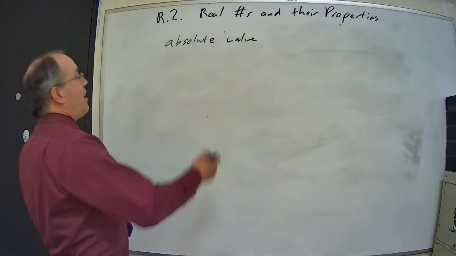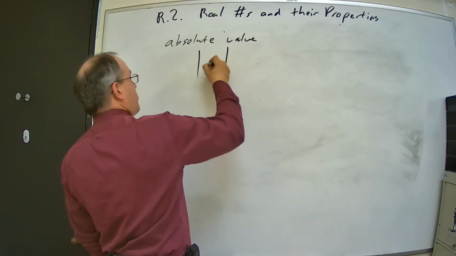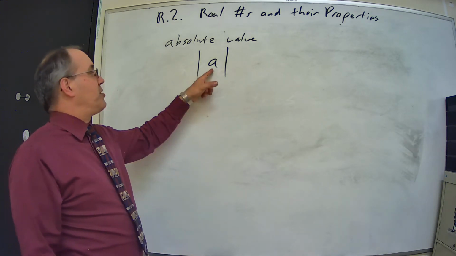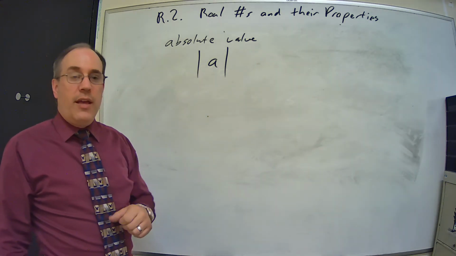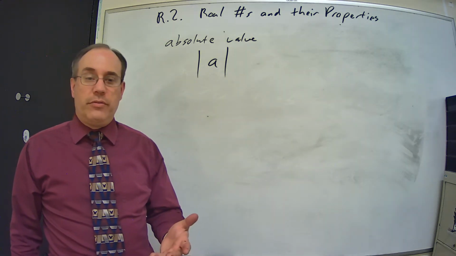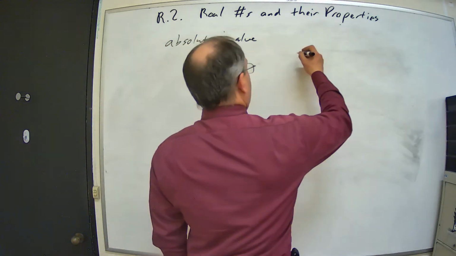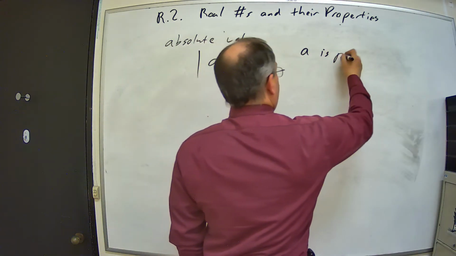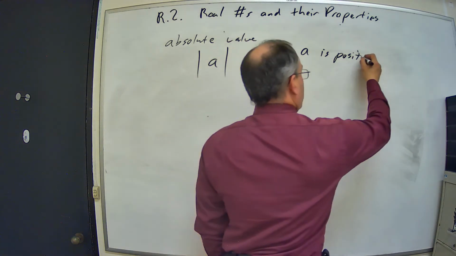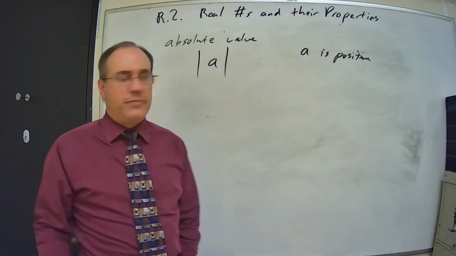So absolute value, and we do that by putting two vertical lines and putting whatever you're taking the absolute value of in between. So that says the absolute value of A. Now let's assume that A is a non-negative number. Actually, let's just say a positive number, because that gets 0 out of there too, because the absolute value of 0 is 0.